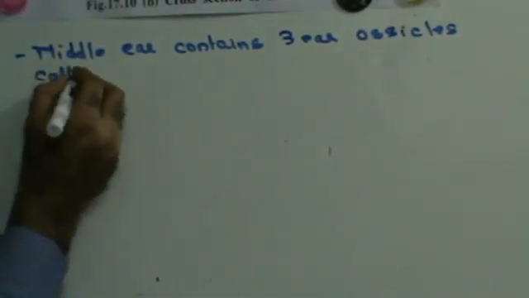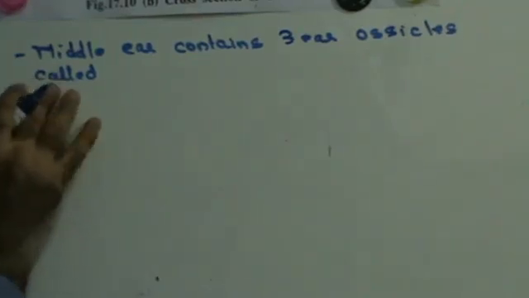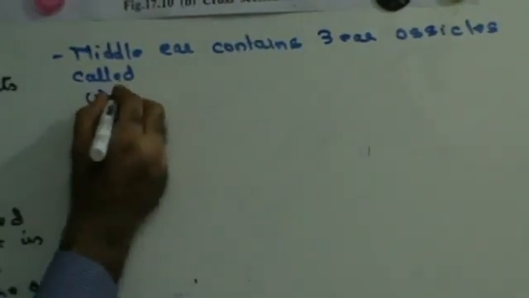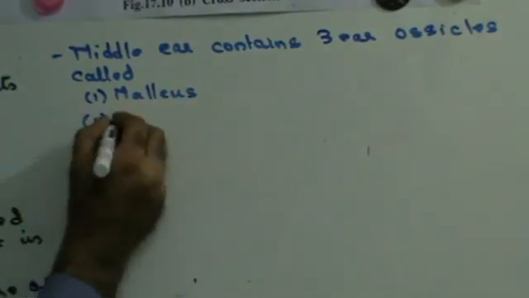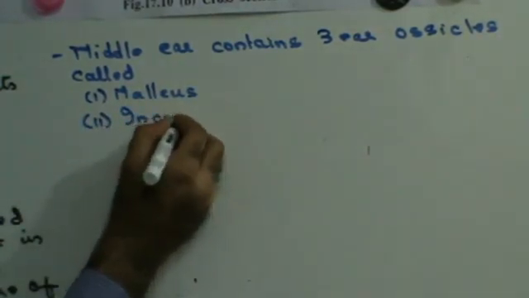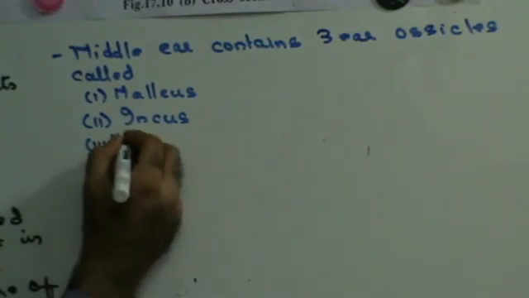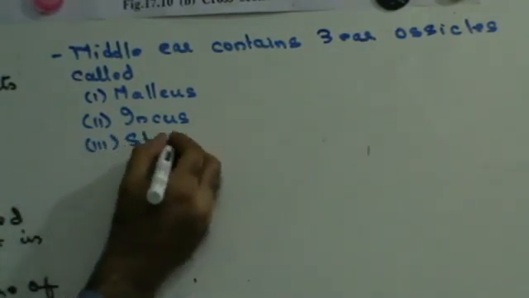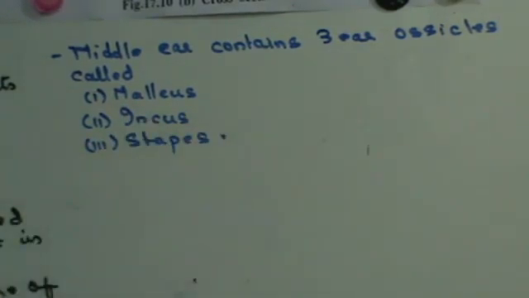They are called malleus, incus, and stapes. These are the 3 ear ossicles that it contains.